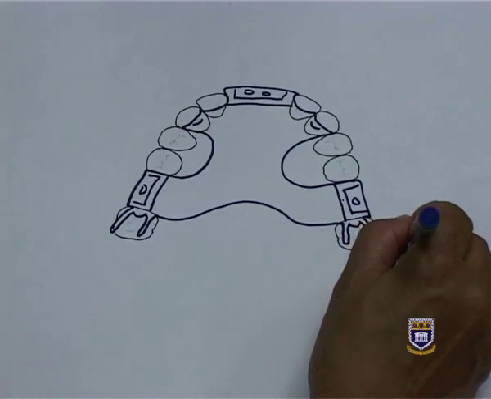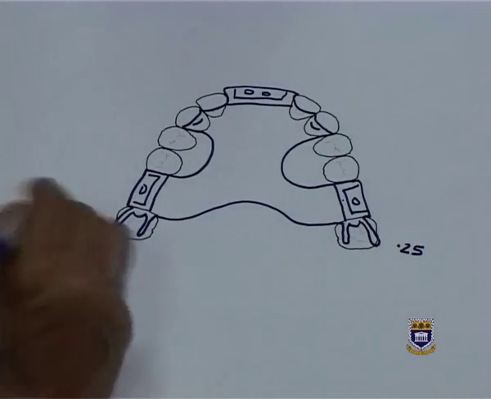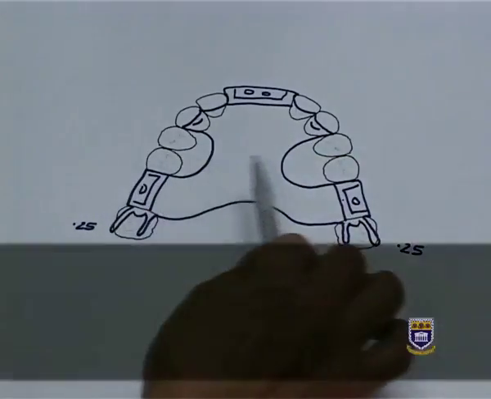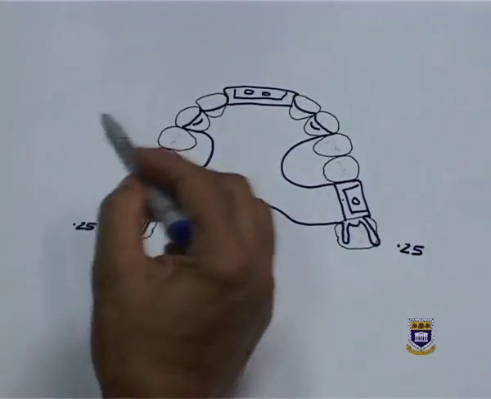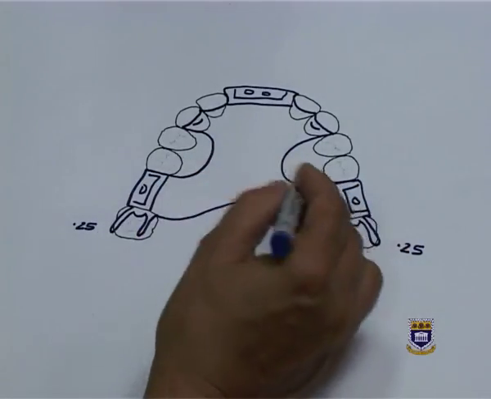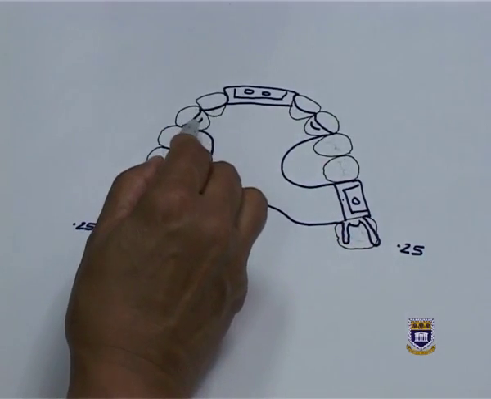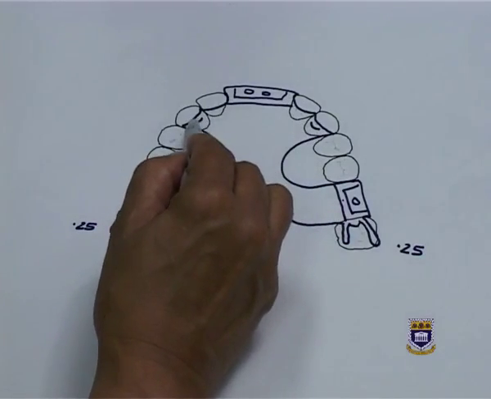We're only using 0.25 undercut on a circumferential clasp, which is chrome cobalt. And then I look at whether I have provided enough horizontal stability, whether I have provided or instructed the technician to construct a proper major connector. So anteriorly, instead of using the laterals, I have now used my canines.